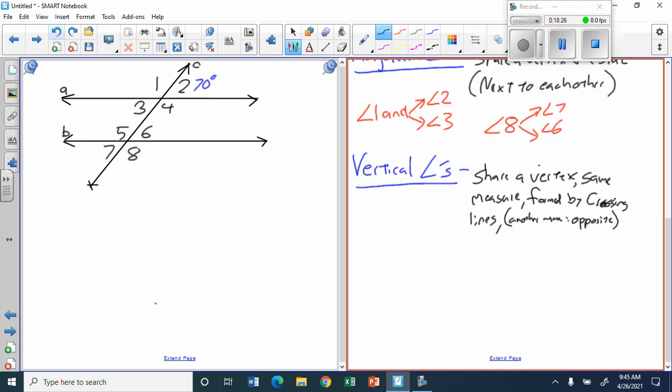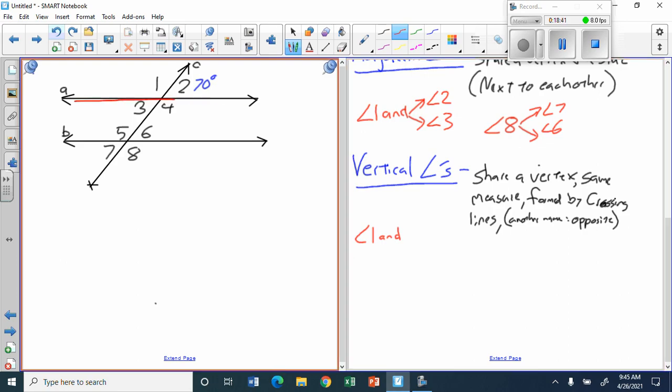Okay? So my examples here, I'll tell you one of them. Actually, from that definition, if I said angle 1, which angle do you think is a vertical angle? Angle 4. Here's my crossing lines. Here's the vertex they share. Angle 1 and angle 4. Very good.